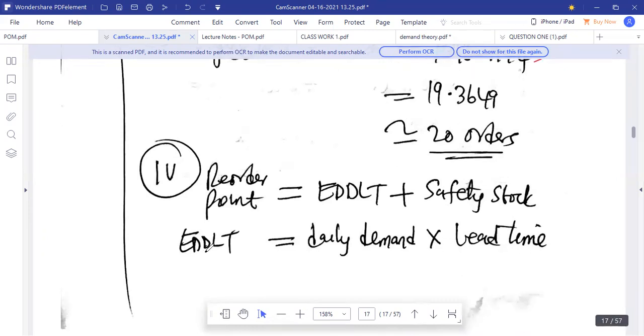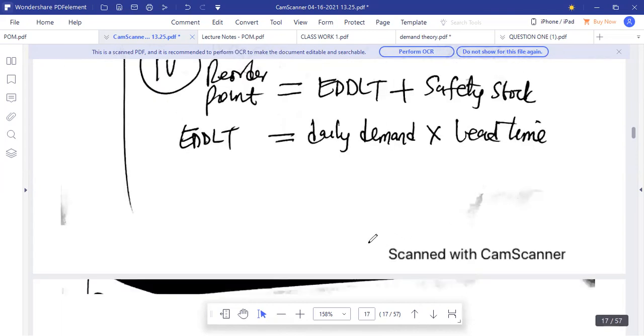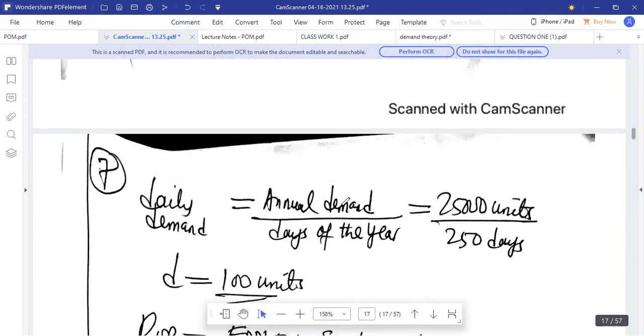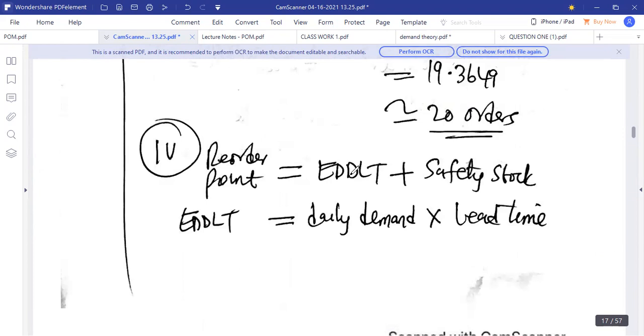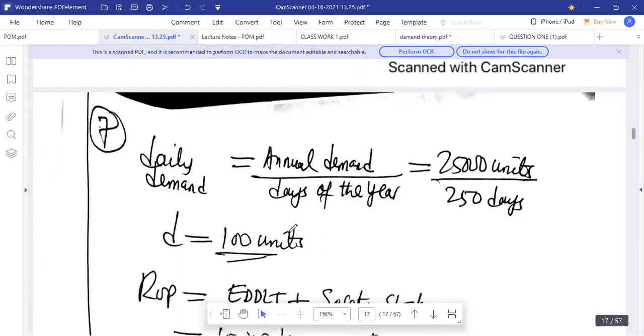That's the expected demand during lead time. Daily demand multiplied by lead time. Now, our daily demand is equal to annual demand divided by the days of the year. That's how we find the daily demand. Okay, so find the expected demand during lead time. So meaning we can say 25,000 divided by 250, which is 100 units.